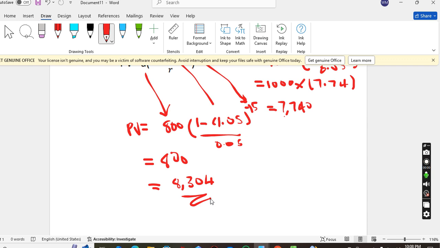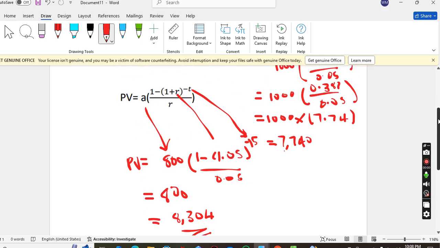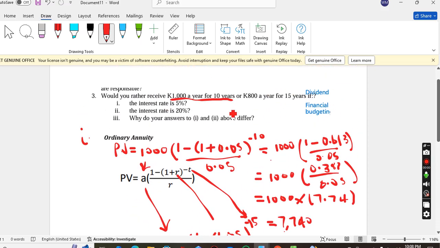Now we can go to the next rate, which is 20%. So if the interest rate has now increased to 20%.